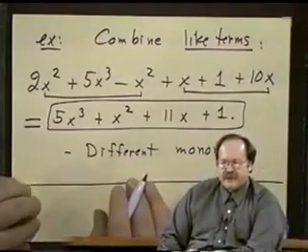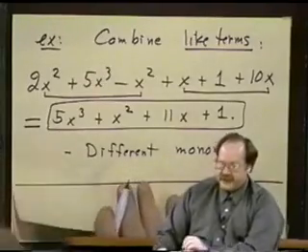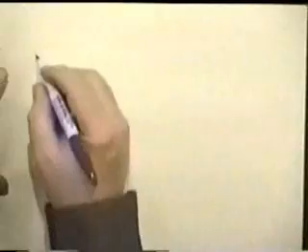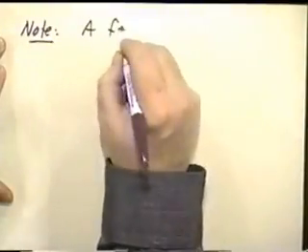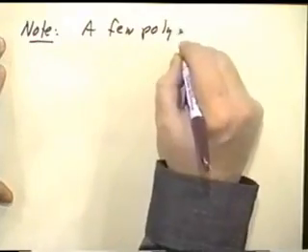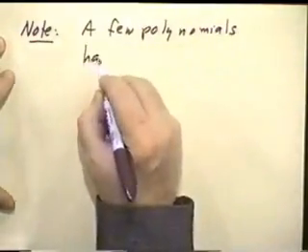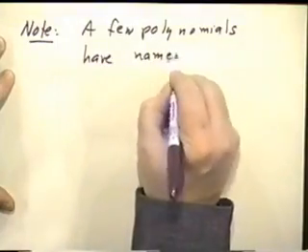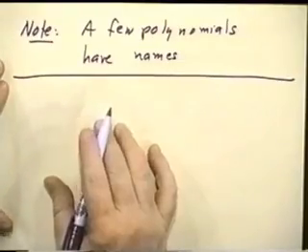Okay, those are monomials. Monomials are polynomials of one term. Now, note, a few polynomials actually have special names. Now, why is that? Well, because of history, or because they're ones that turn up frequently.